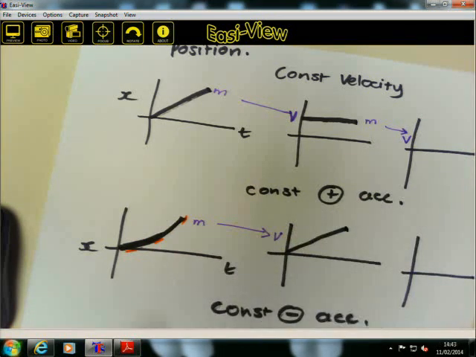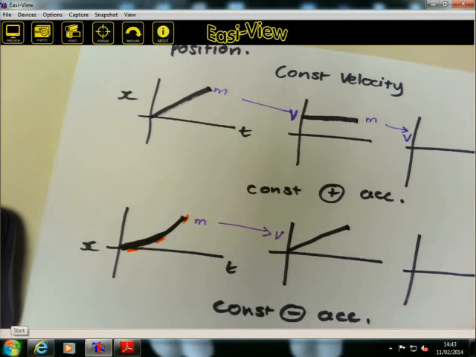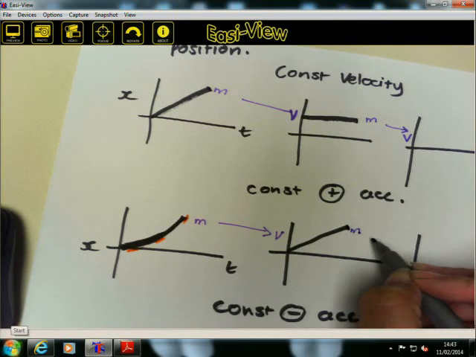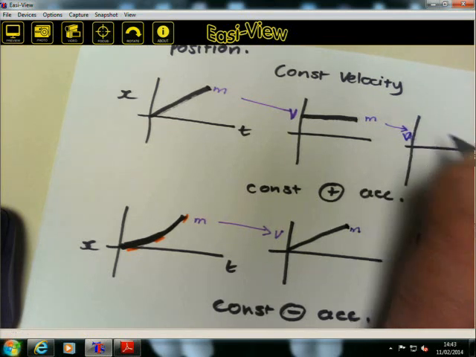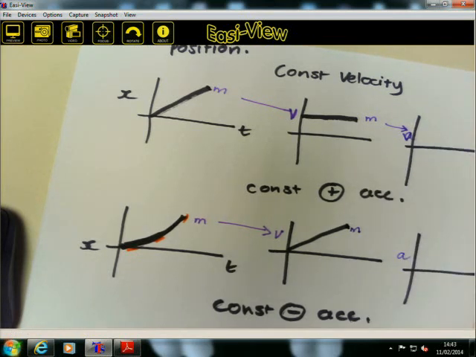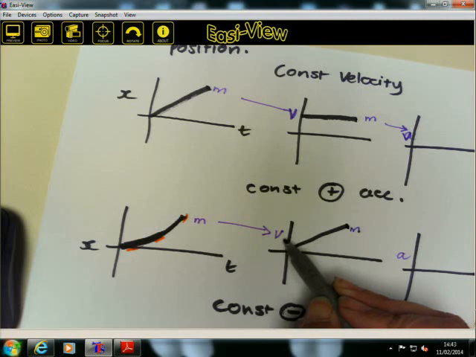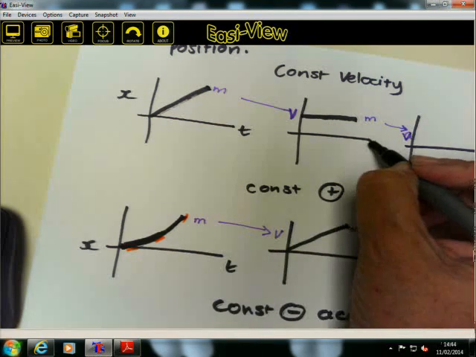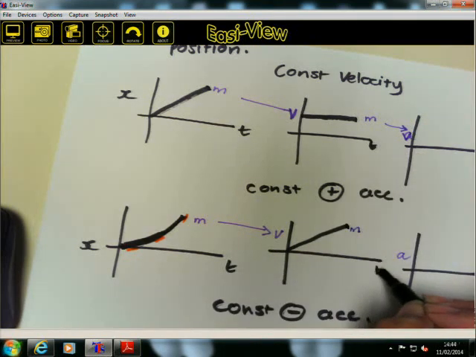Right. And once again, the gradient of this graph will give me acceleration. The gradient of a velocity time graph will give me acceleration. Right, remember this is velocity time, velocity time.